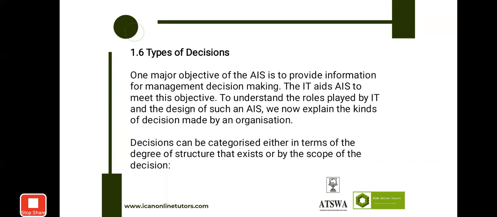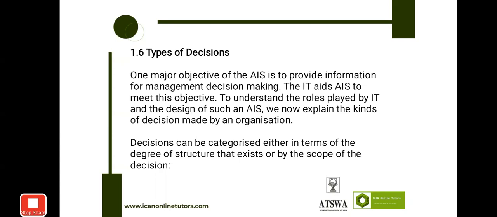One major objective of the accounting information system is to provide information for management decision making. To meet these objectives and to understand the roles played by IT and the design of such an AIS, we now explain the kinds of decisions made by an organization.